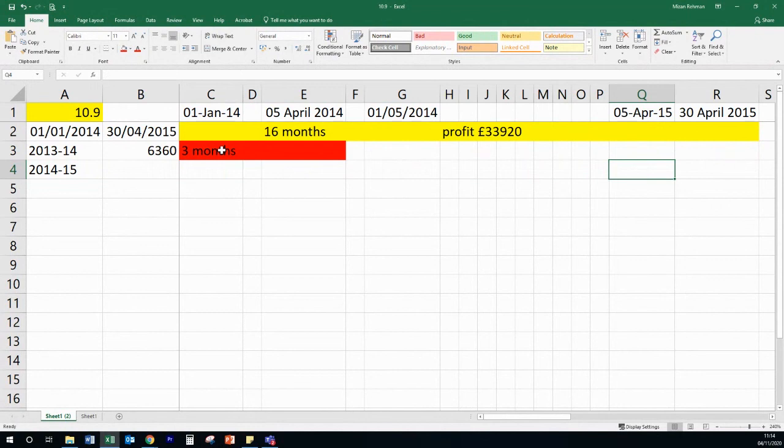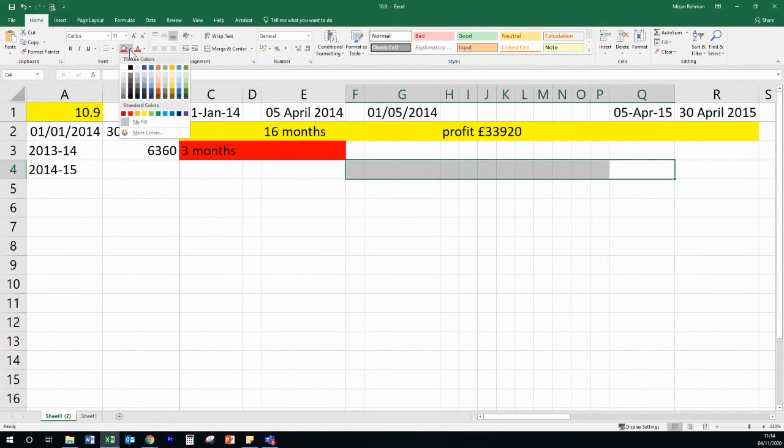The rule is that if the actual year ends within the tax year, then we start from that date. But if it's not ending, then we start from the tax year end date, which is the 5th of April. So 1, 2, 3, 4, 5, 6, 7, 8, 9, 10, 11, and 12. So that's basically 6th of April.